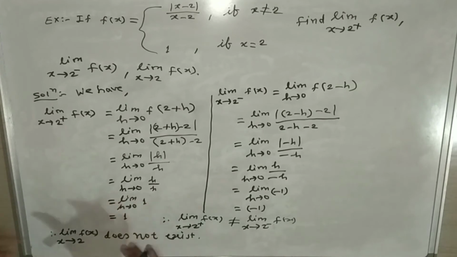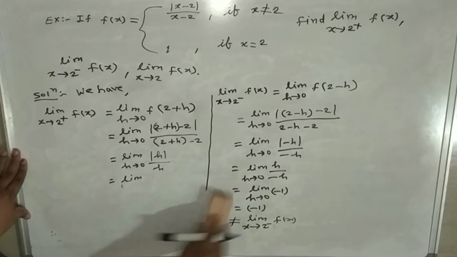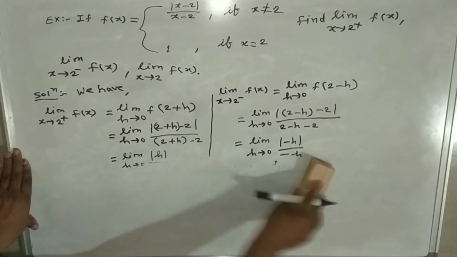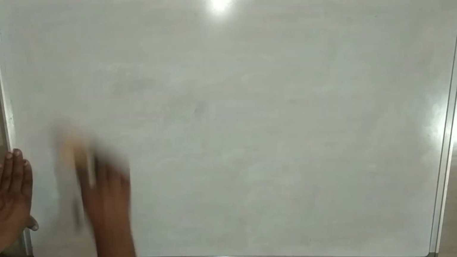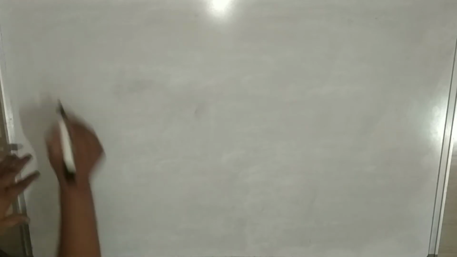So I am taking more examples for your understanding, to fix the concept in your head, and also for your best understanding of the limits chapter. When we solve so many problems, then concepts become more and more clear. So now we'll see another example also.